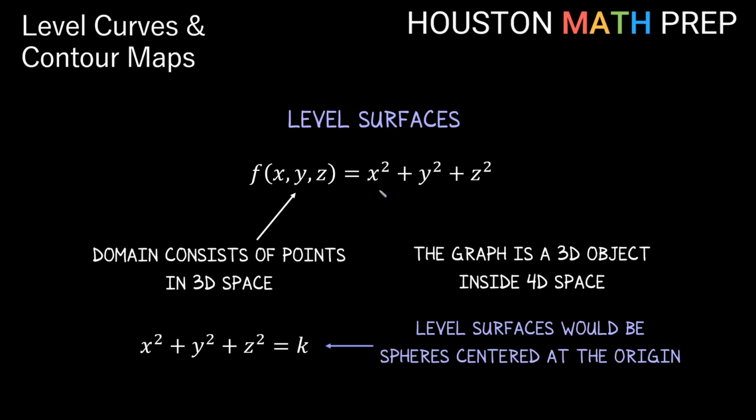If you're at the origin, right, 0, 0, 0, plugging in 0 for everything, then it's 0 degrees at the origin. But if we start to increase the k value, then we would be on spheres with a bigger and bigger radius. In other words, farther and farther away from the origin in 3D space. And that tells us it would be getting warmer and warmer as we move away from the origin in R3.